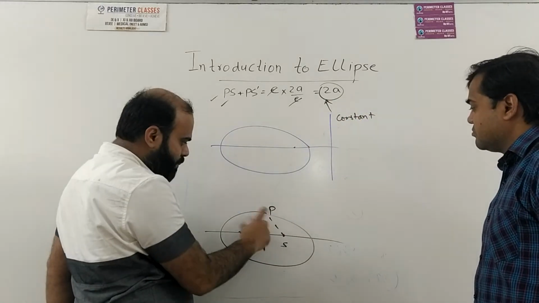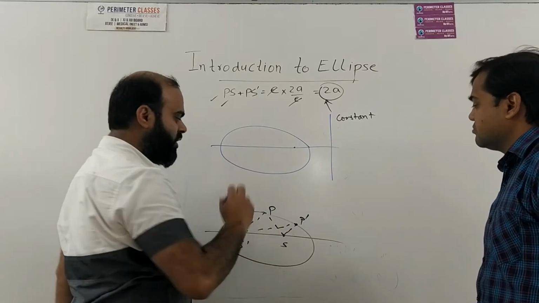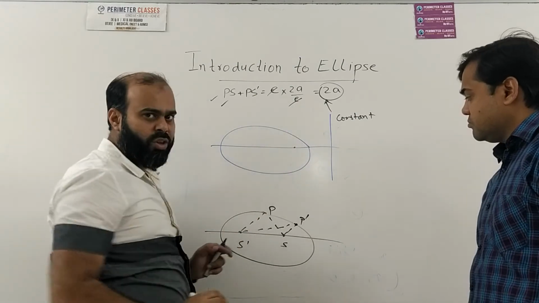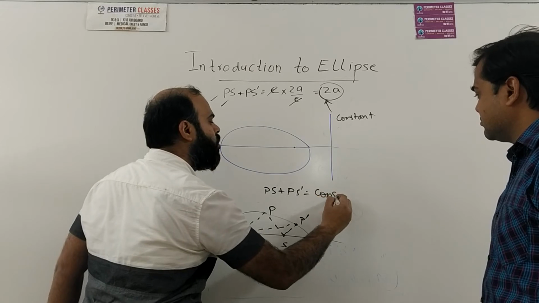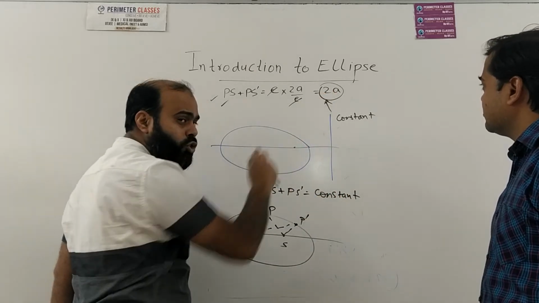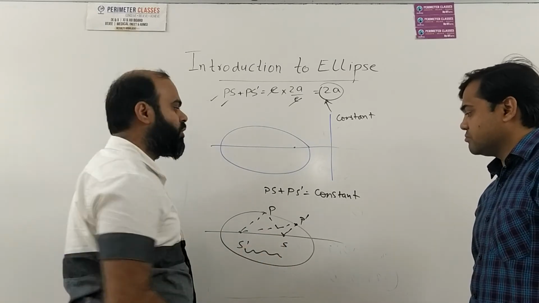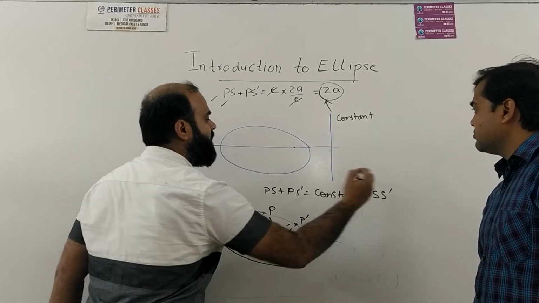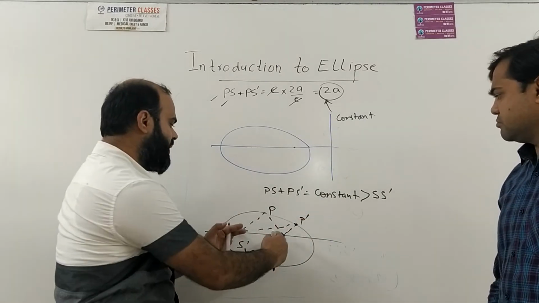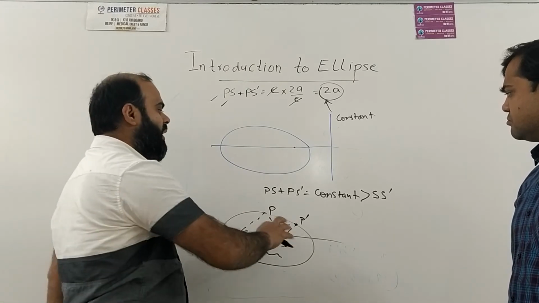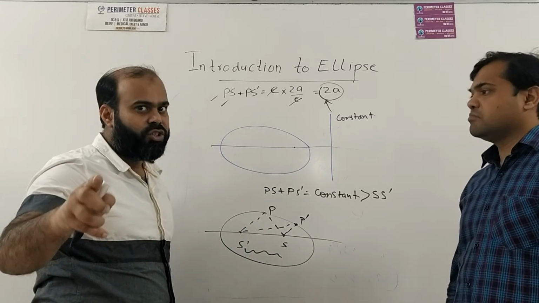If you take PS plus PS', you go here P'S and P'S', the sum is actually always a constant value. PS plus PS' is always a constant value, and this constant value, which is 2a, is greater than the distance between the two fixed points, SS'. So you can take any constant value which is greater than the distance between these two points and move a point P following this rule. You will also get the definition of an ellipse.